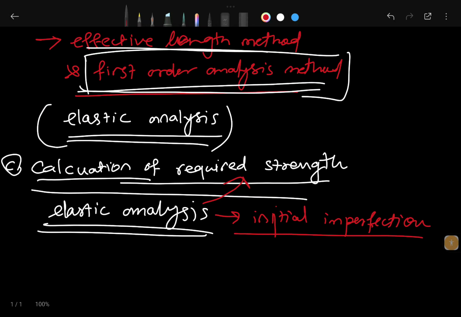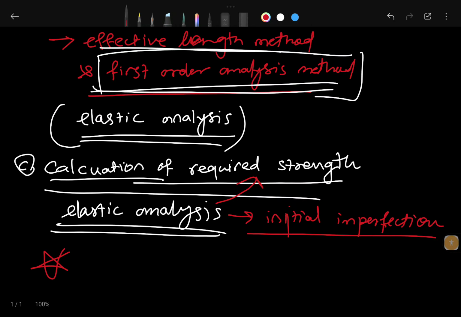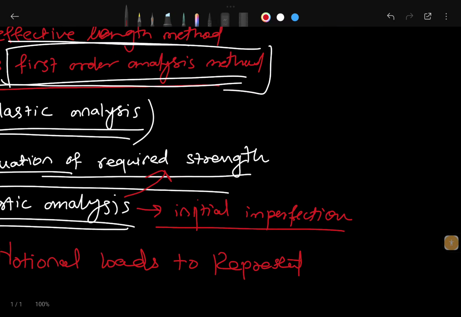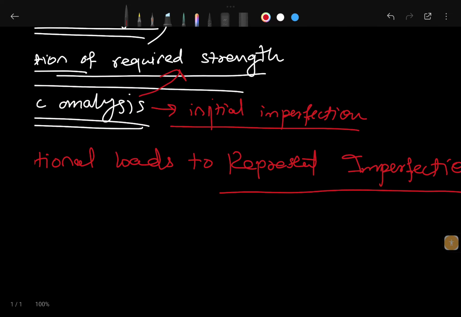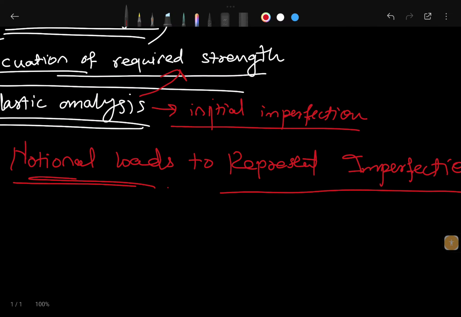I want to tell you one important point. The most important point is the notional load, to represent imperfection. So this is the notional load.